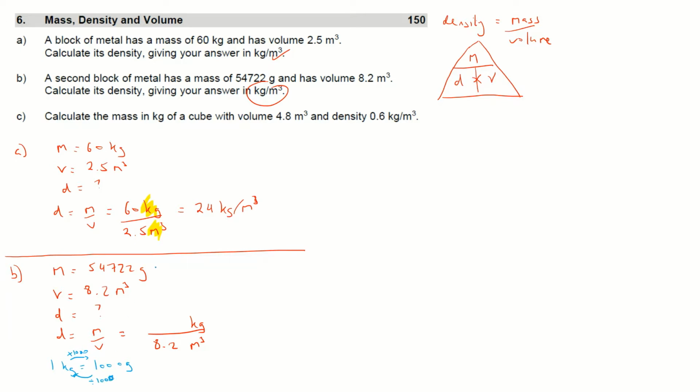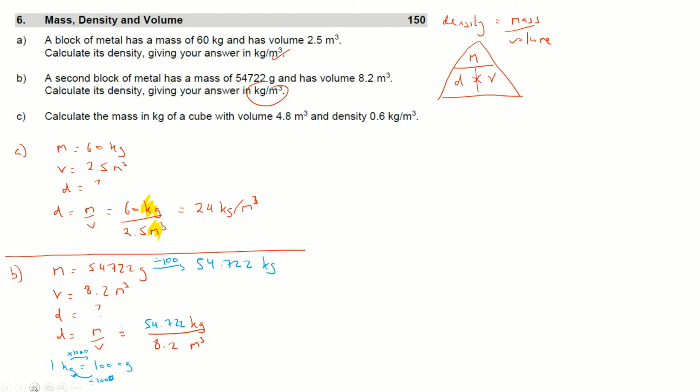And I'm working backwards. So if you divide this by 1,000, you get 54.722. Just double check my work. Yeah, 54.722 kilograms. Okay, that goes here.